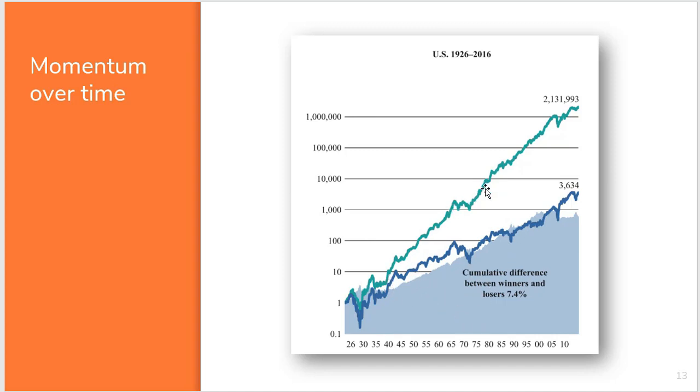And this green line is what you would get if you had put $1 in the market and just kept buying the best performing stocks. You would have outperformed the entire market by an amazing margin. Not necessarily, this is 7.4% each and every year. Maybe that doesn't sound like much, but over a 100-year time span, it gets absolutely insane.